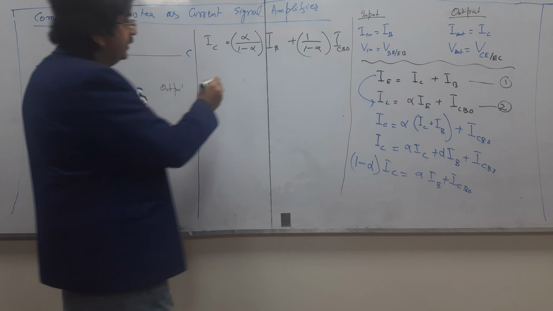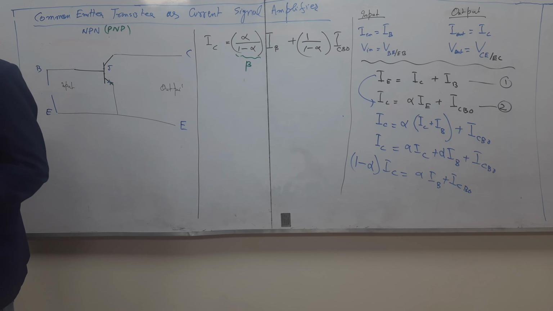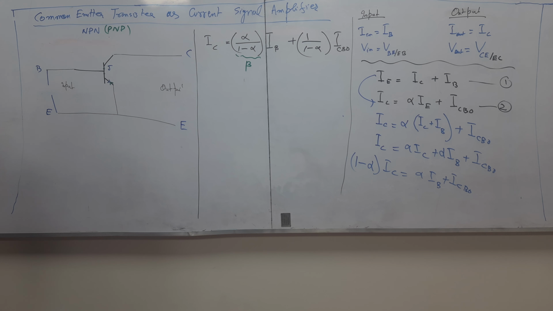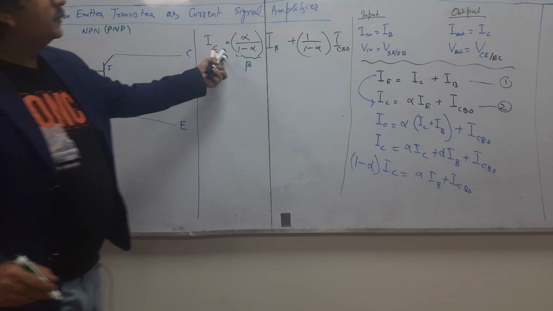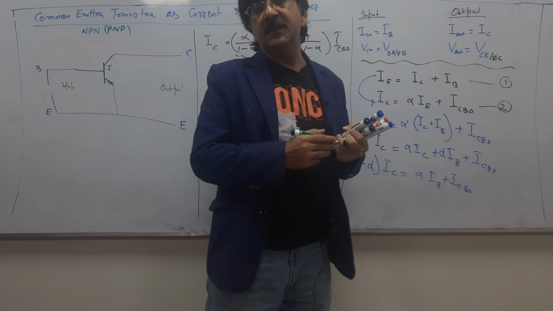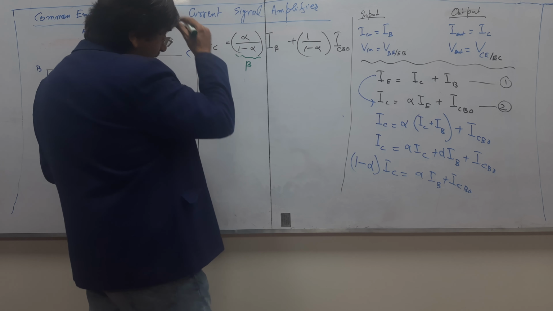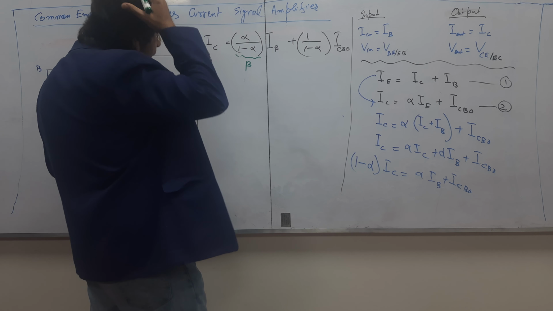Later I will explain. This will be equal to beta. This will be defined as beta. Why is this defined? Second equation. So alpha divided by 1 minus alpha will be equal to beta.